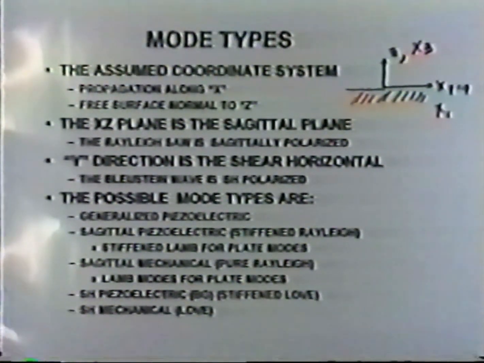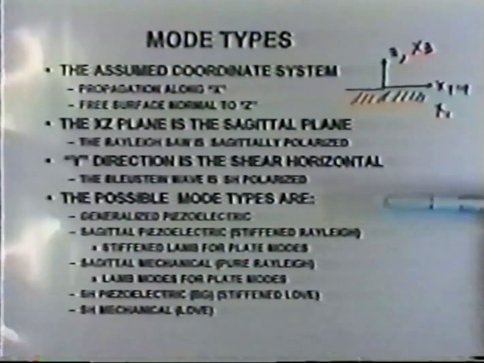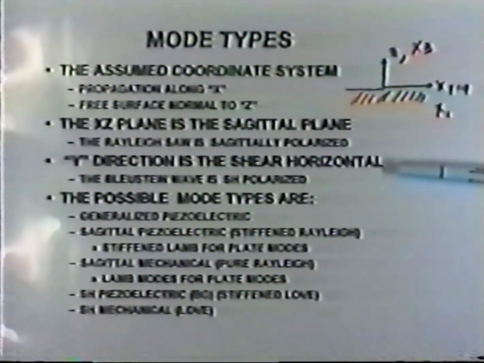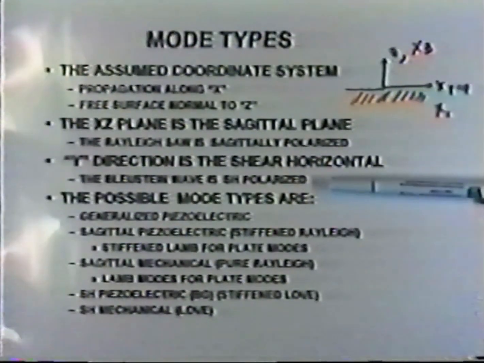So, wherever possible, I would say sagittally polarized rather than Rayleigh wave, just so that you're sure people understand what you're talking about. There are also waves which are polarized perpendicular to the sagittal plane, and these are called shear horizontal or SH waves, and the Bluestein type of waves are in fact of that type.